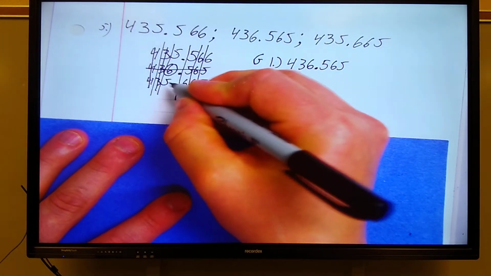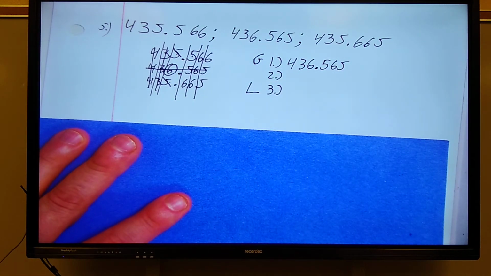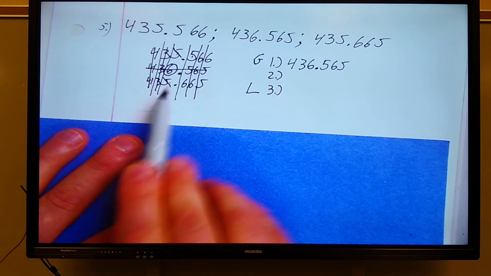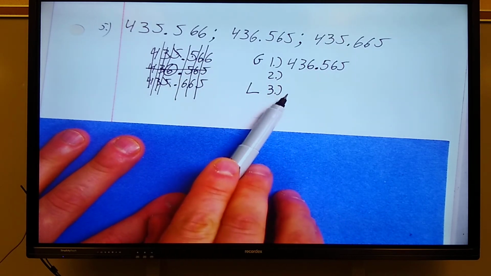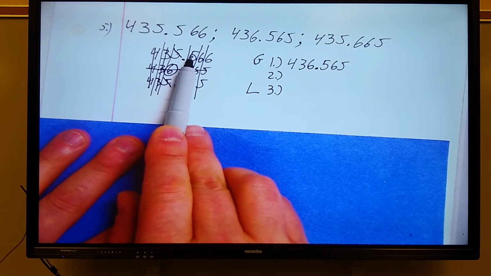Now I got to figure out what my next two are going to be. 5 and 5 in the ones place. Can't use it. 5 and 6 in the tenths place. I can use that. Okay? Greatest to least. That means I got to put my biggest number out of those two here and my smallest number last. 6 is bigger than 5.